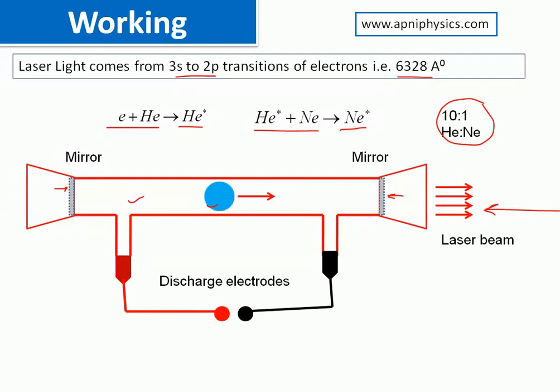First of all we excite the helium atom into an excited state by the collision of an electron. That electron comes from the cathode, right, and strikes this helium atom as shown here by this reaction.